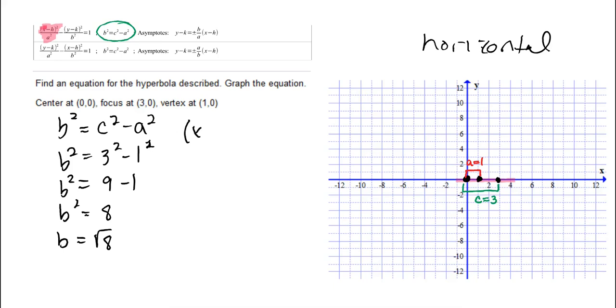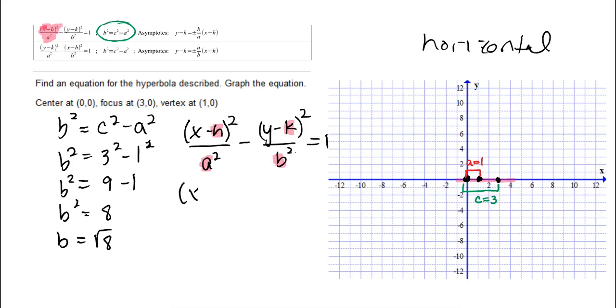So using the template for the horizontal orientation, I have (x minus h) squared over a squared minus (y minus k) squared over b squared equals 1. Our center is 0, 0, so h and k will be filled in with 0. A is equal to 1, and b is equal to the square root of 8.